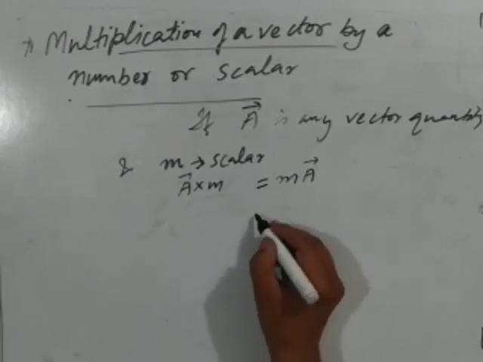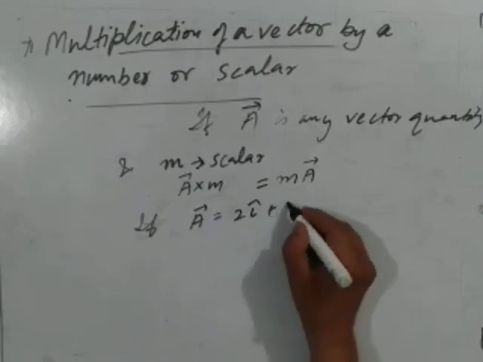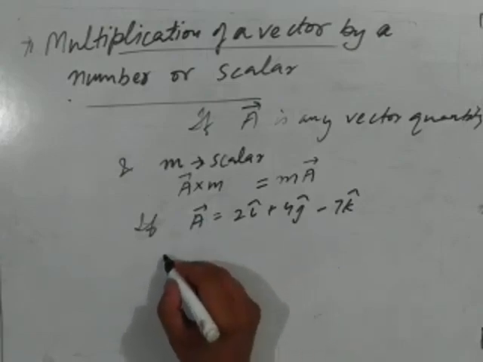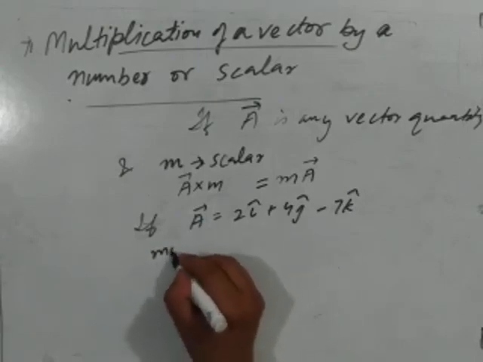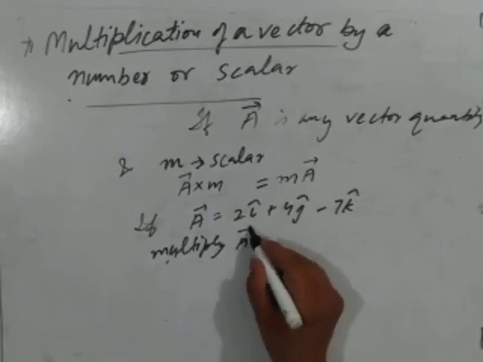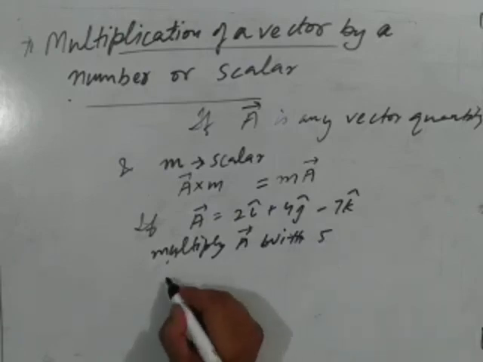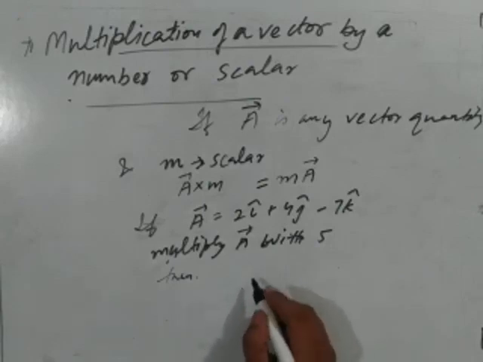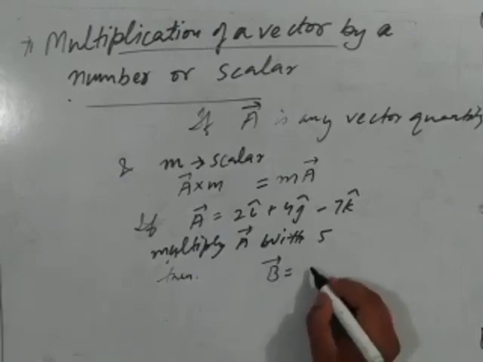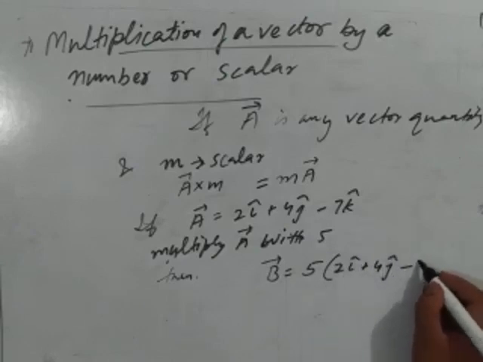Take an example. If A vector is equivalent to 2i plus 4j minus 7k, and we multiply this vector with 5, then say it is a new vector, B vector, is equivalent to 5 into 2i cap plus 4j cap minus 7k cap.